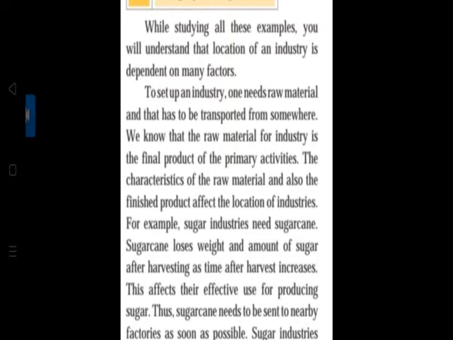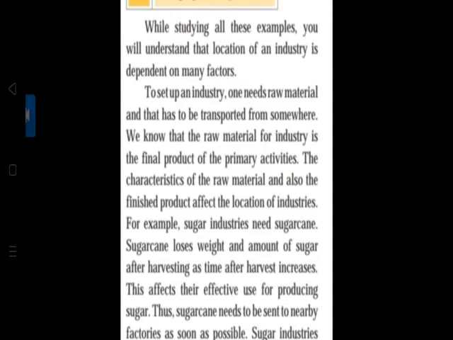Now, certain products are perishable. So when they have to go through processing, they need immediate processing or they will perish. For example, sugar industries need sugarcane. Now, what is the reason why sugarcane farms or crops have to be near to the industries? Because they lose weight and amount of sugar after harvesting as time after harvest increases.